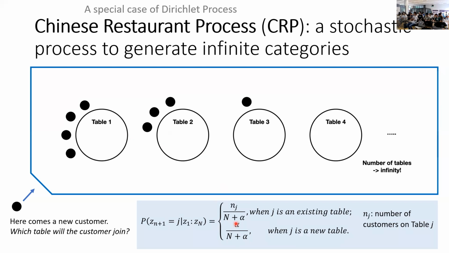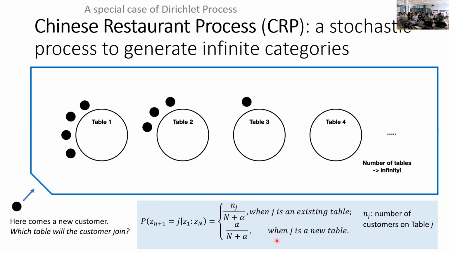So the equations go like this. If you already have n customers, from 1 to n, and their tables are denoted by 1 to n, then when the n plus 1 customer comes, its probability to be assigned to a specific table j would be, if j is an existing table, proportional to the number of customers already on the table, n_j.